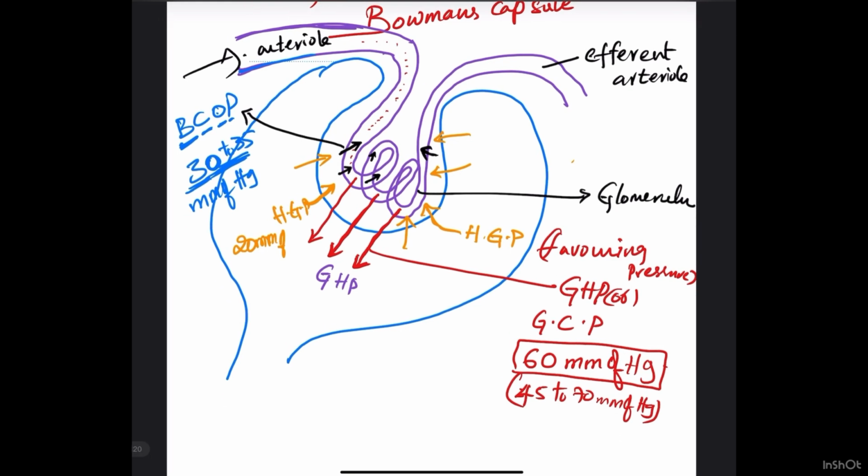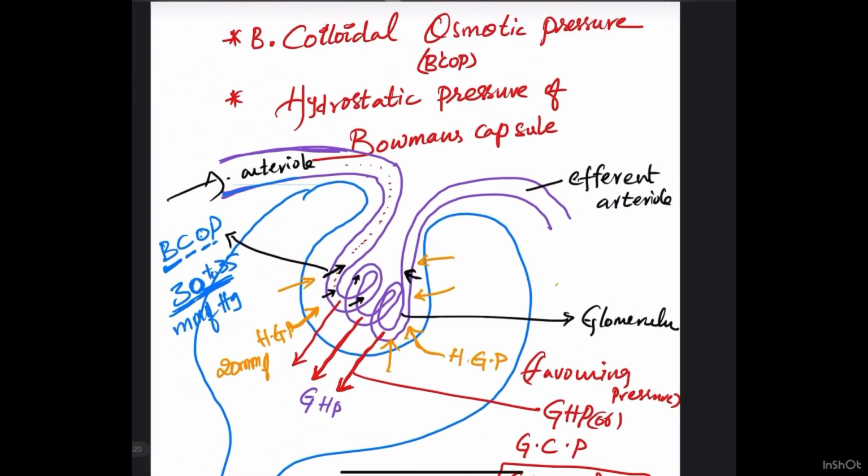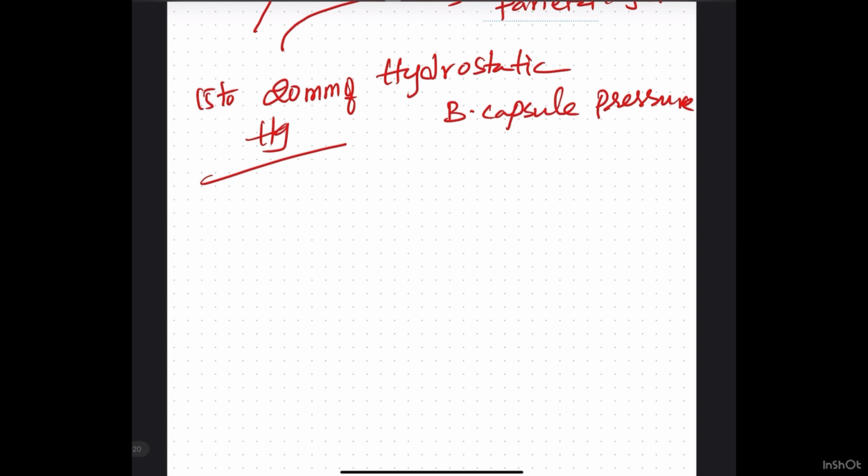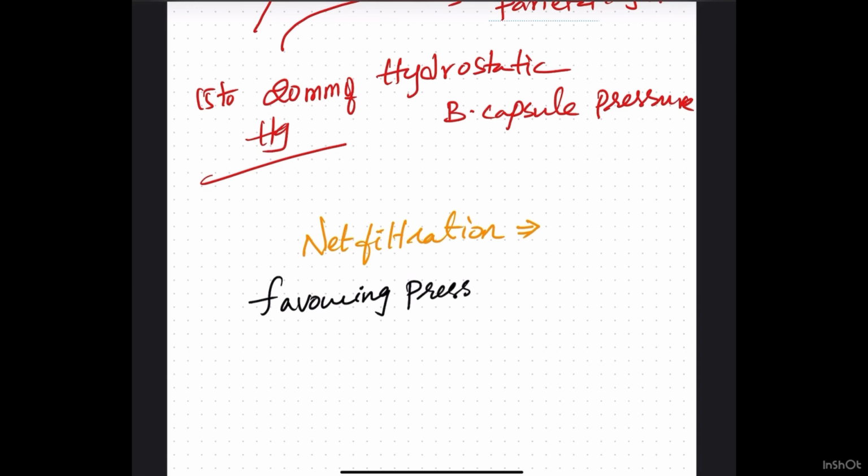So how many opposing pressures? Two opposing pressures. How many favoring pressures? One favoring pressure. So now net filtration is equal to favoring pressure minus opposing pressure.